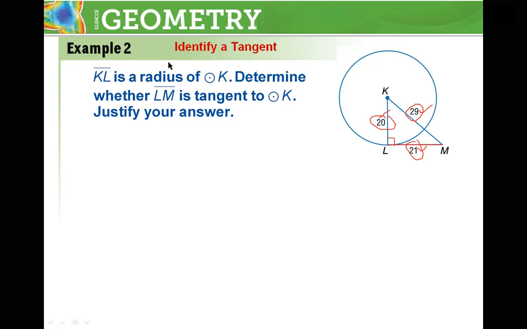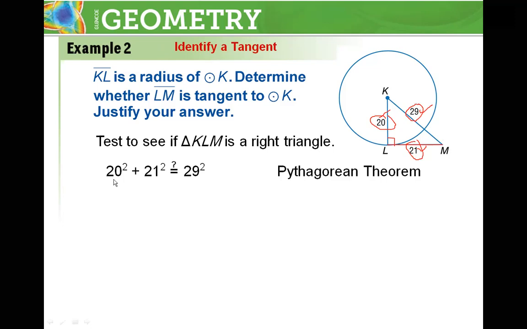We will go by steps together. First, we test whether triangle KLM is a right triangle. We compute 20 squared plus 21 squared and 29 squared. If they are equal, this triangle is right. They are equal: 29 squared is 841, and after addition, the other side is also 841.